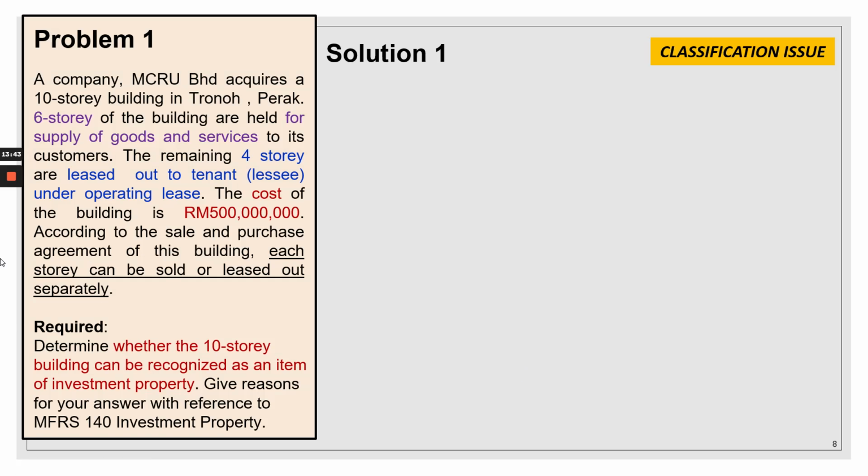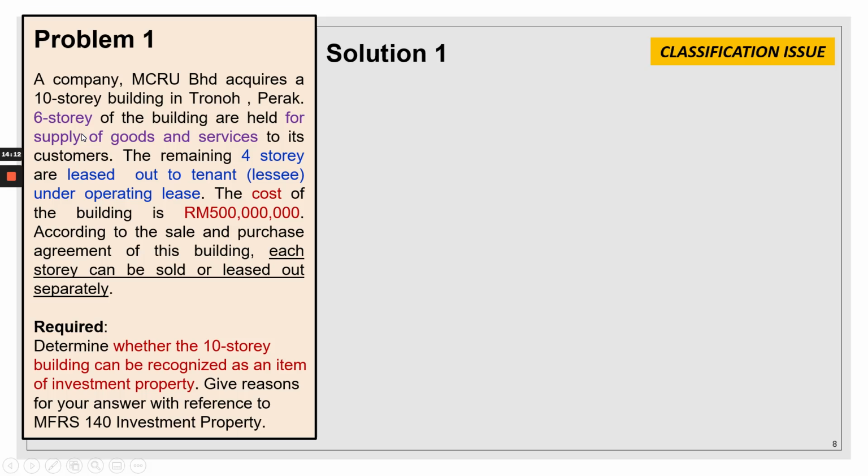You have other examples that you can refer to in your textbook. Next, we have one problem here, Problem 1 about a company. This is regarding whether the property can be sold or leased out separately, relating to property with mixed use or dual use. A company, MCRU, acquires a 10-story building in Perak, and 6 stories are held for supply of goods and services to its customers.